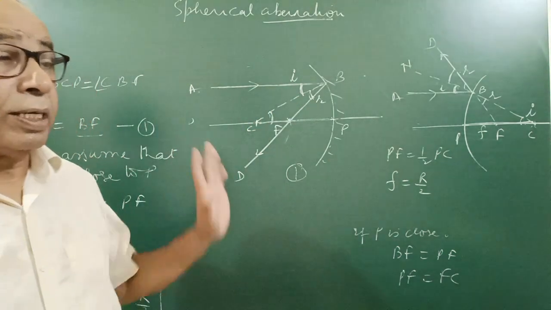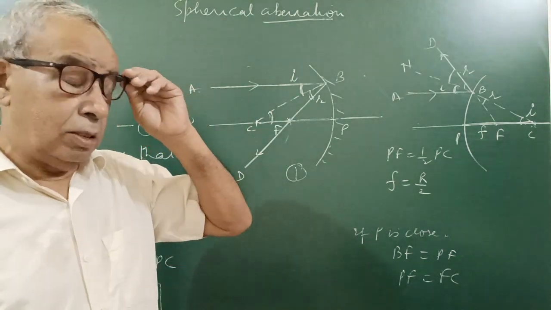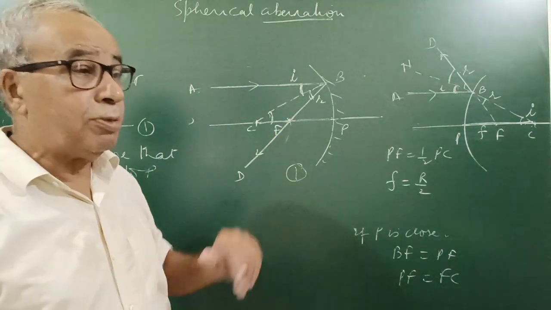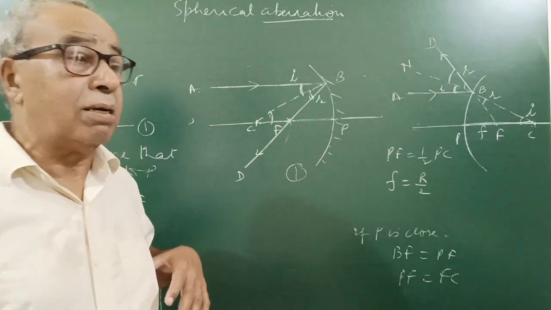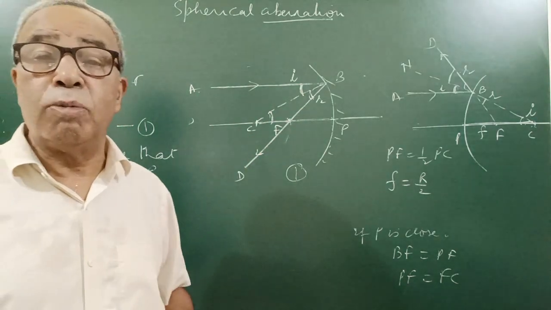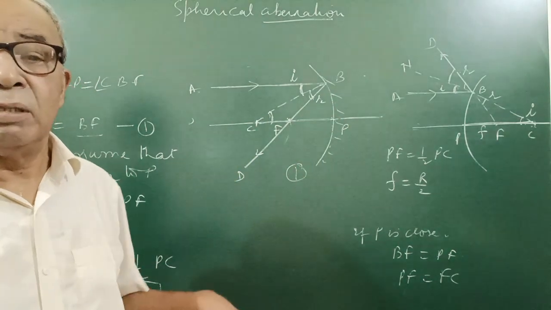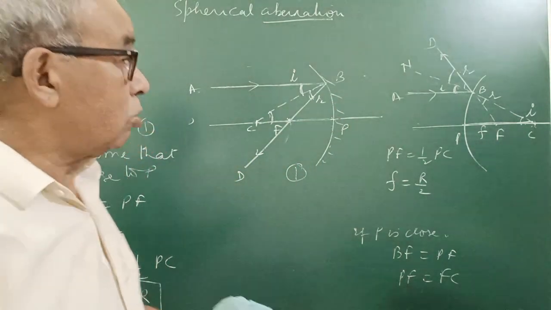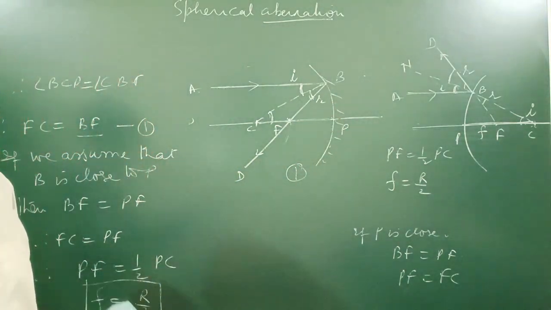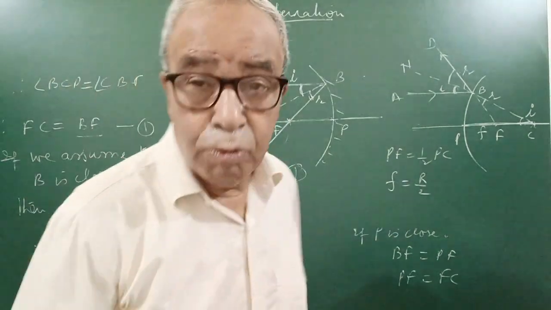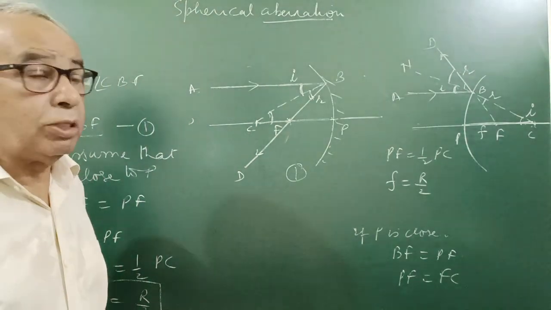You must remember that the angle of incidence is the angle between the incident ray and the normal. In a spherical mirror, reflection takes place and it has to obey the laws of reflection. Everything happens according to the laws of reflection, nothing else. Whether the mirror is spherical or plane, it is the same. Okay, we come in the next video with image formation.